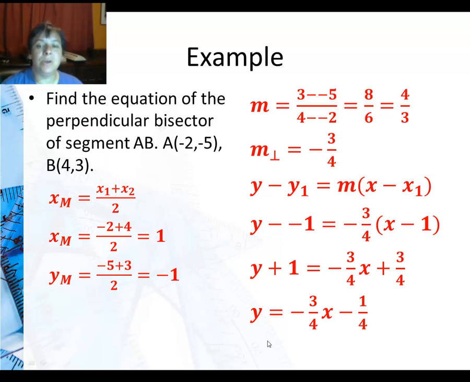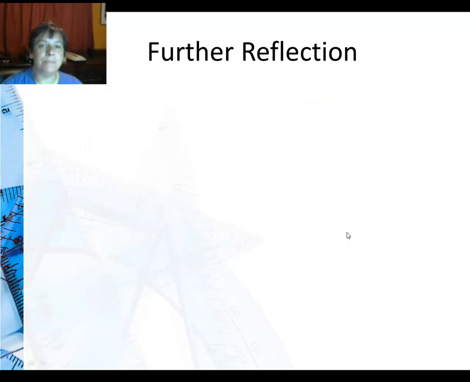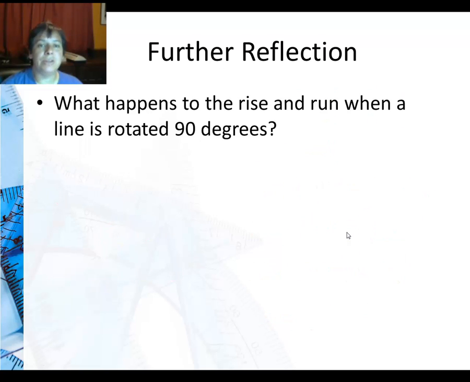So here's the slope-intercept form, with slope of -3/4, crossing the y-axis at -1/4. Here's the point slope form, where I can say it goes through the point 1, -1, with a slope of -3/4.